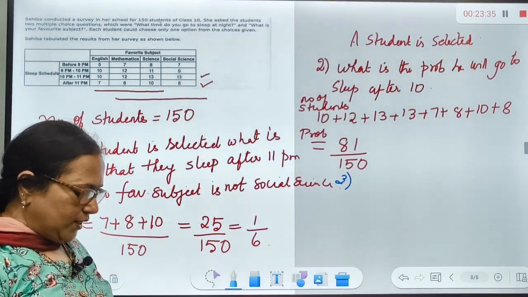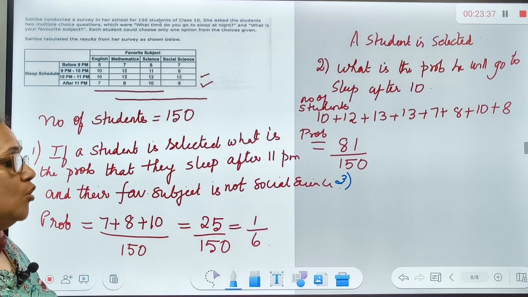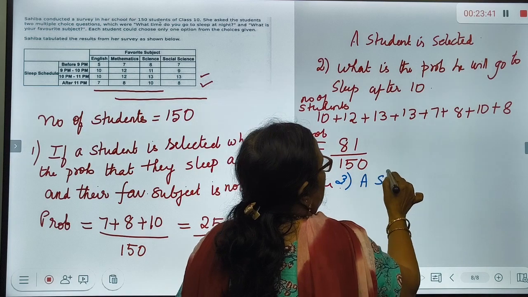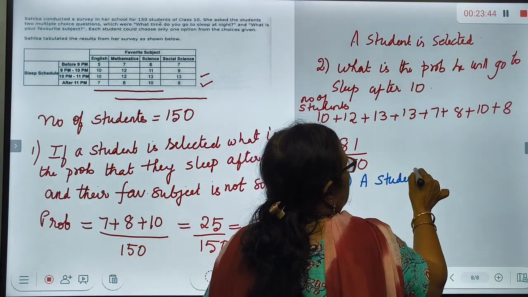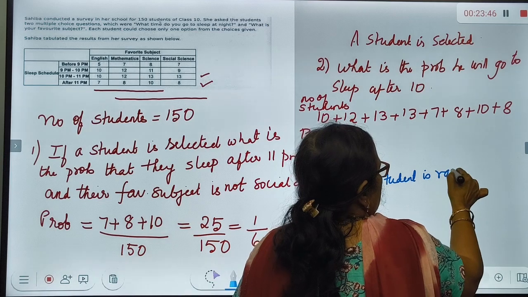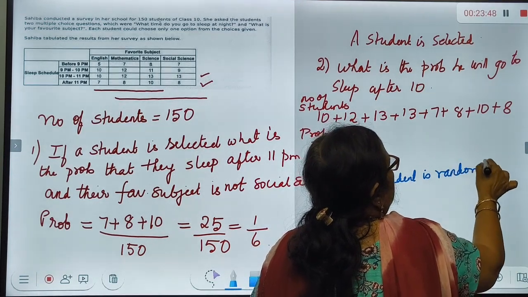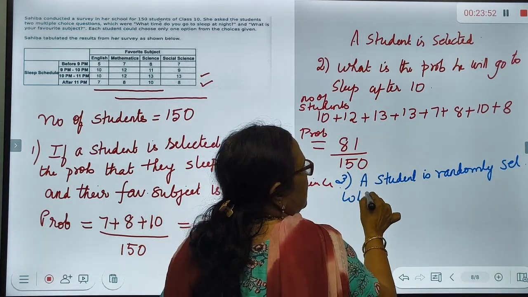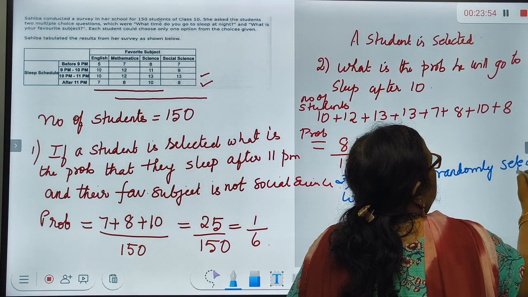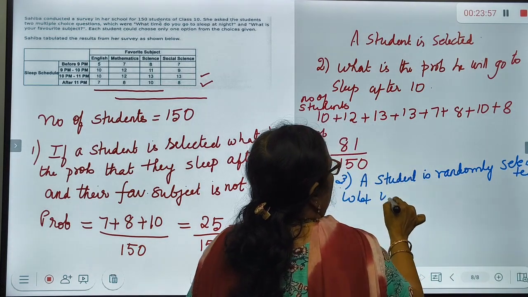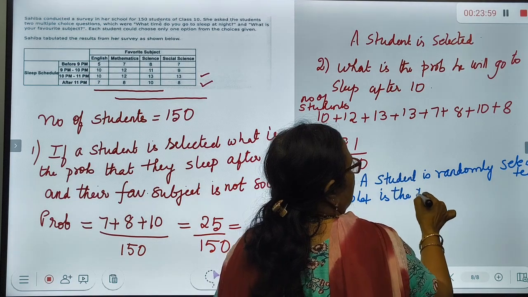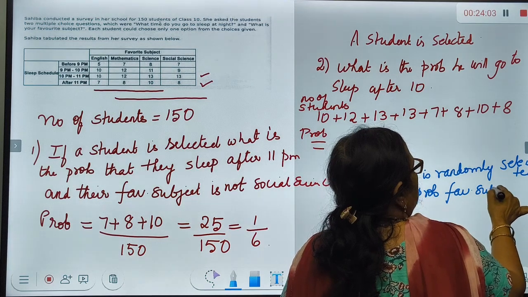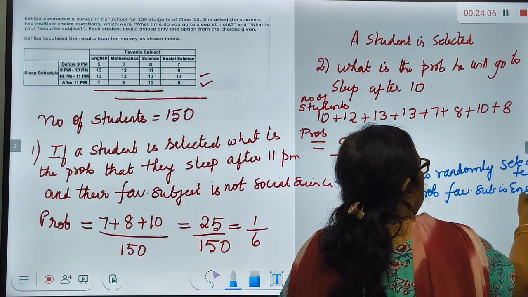Now, if a student is randomly selected, what is the probability that their favorite subject is English?